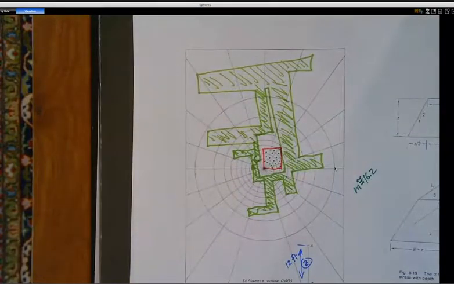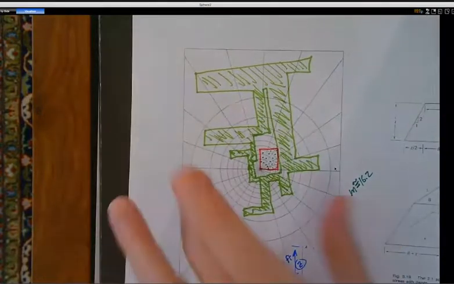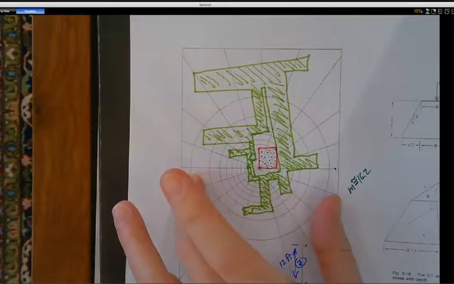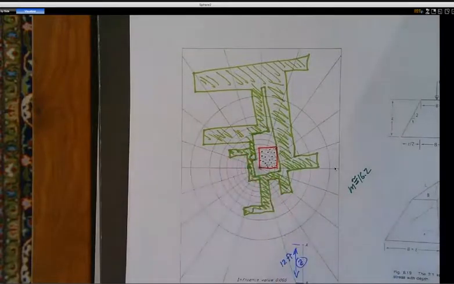And here you can grab Newmark influence, patch it out to scale, count your elements, you're good to go. You're in and out in 10 minutes.